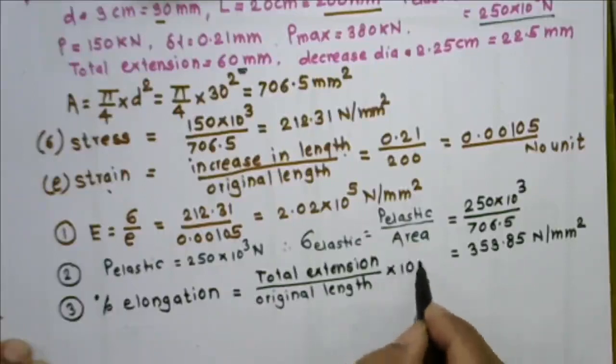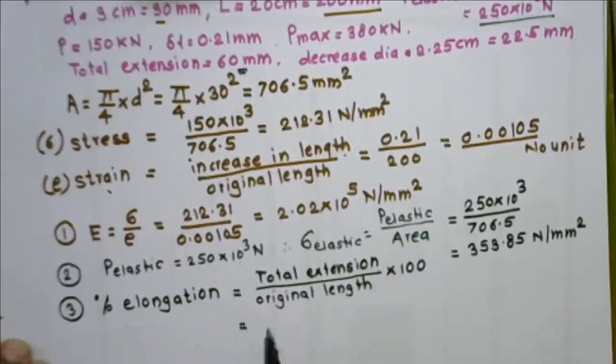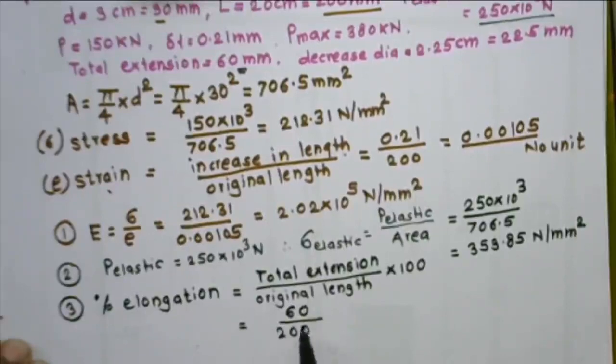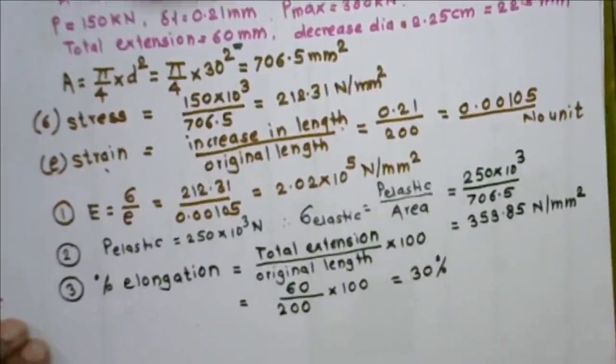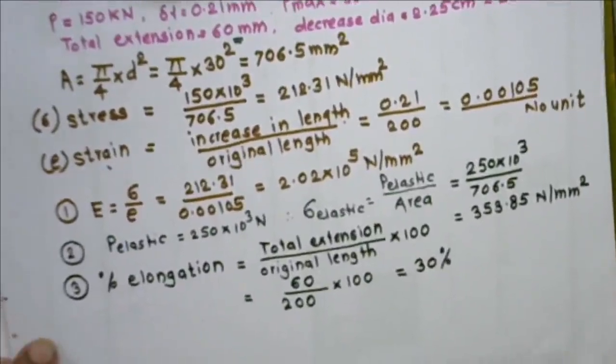So that is 60 divided by 200 into 100. It is a percentage, so multiply by 100. So the answer is 30%.